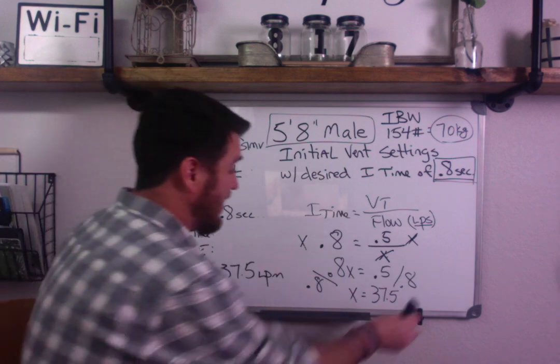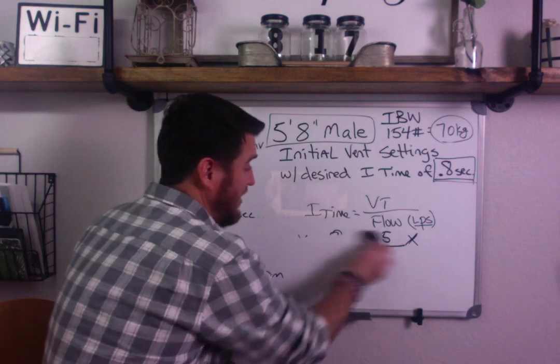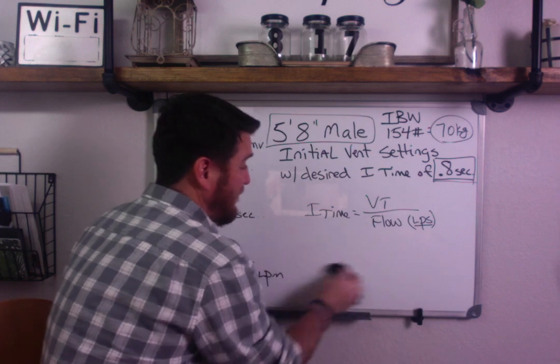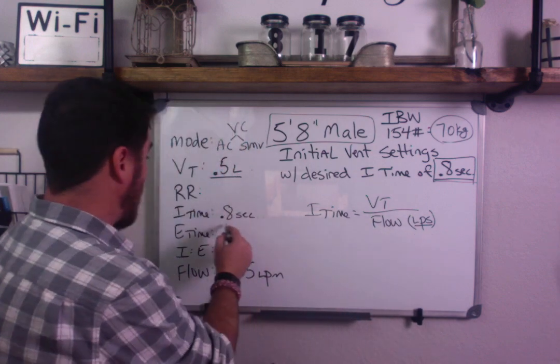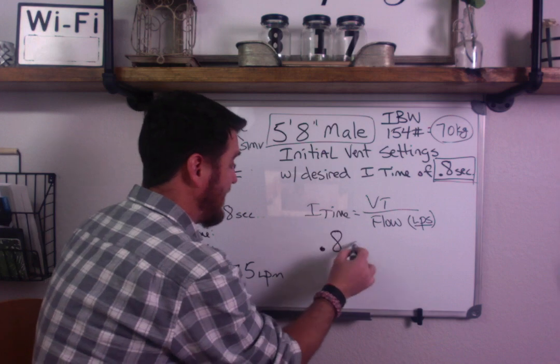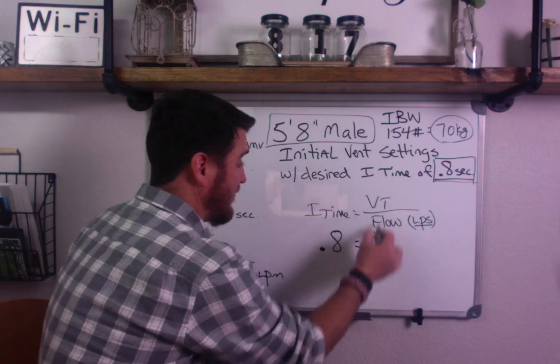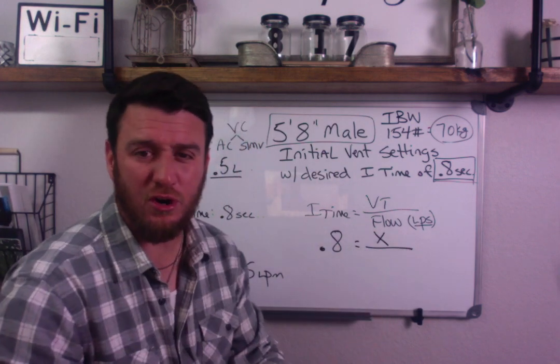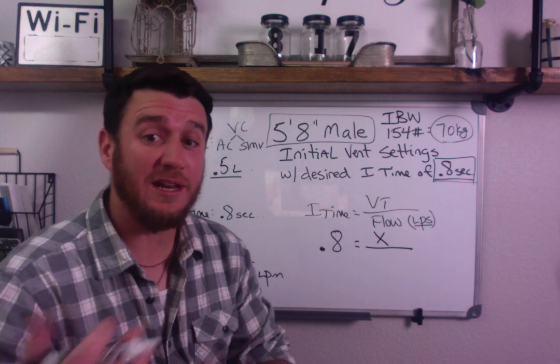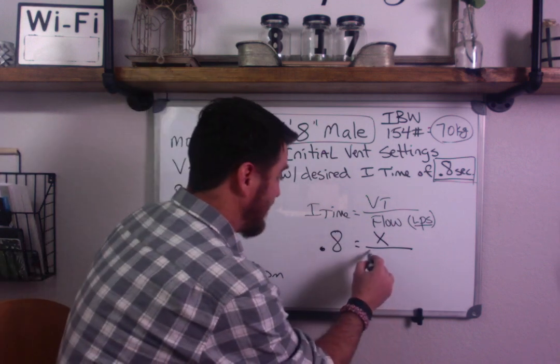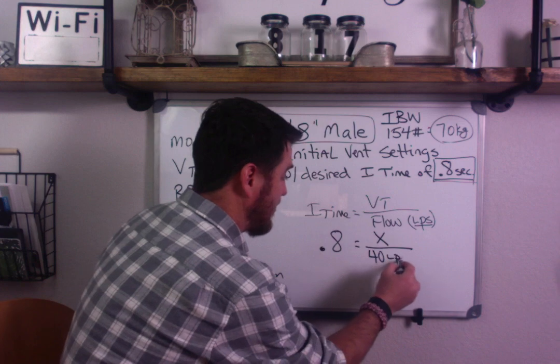So we can come over here and we can change some things using this same formula. We can say I time of 0.8 equals tidal volume X over flow, and let's say we want to go with a flow of 40 liters per minute.